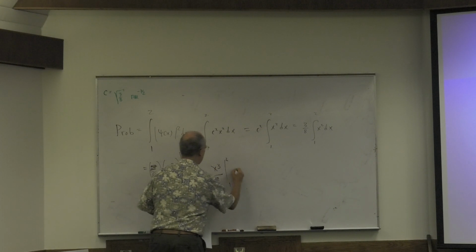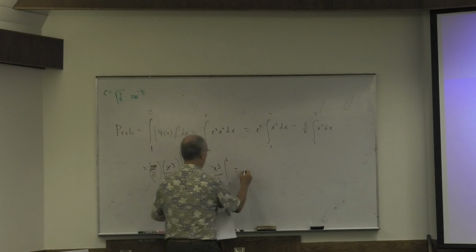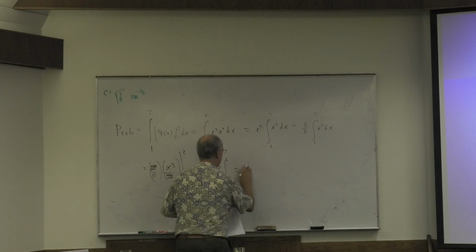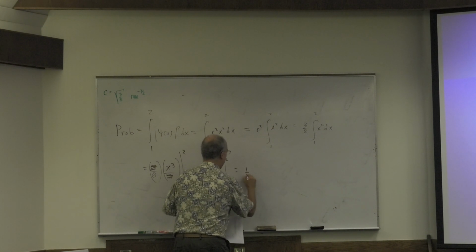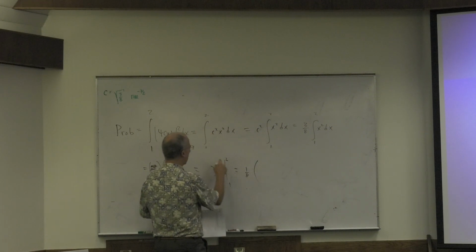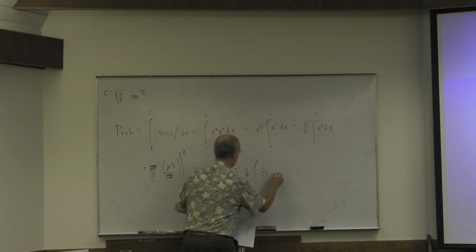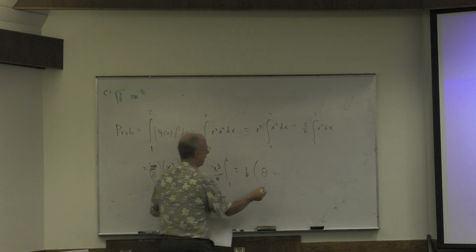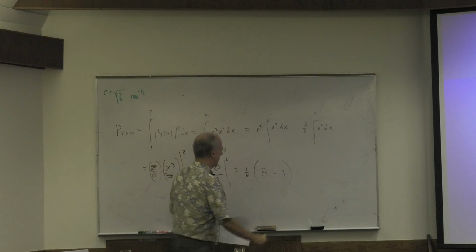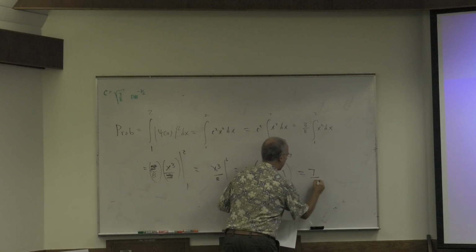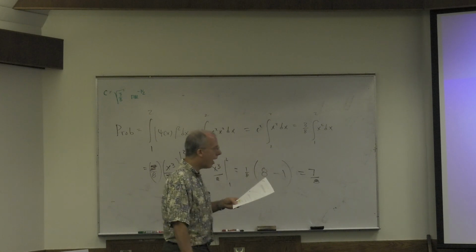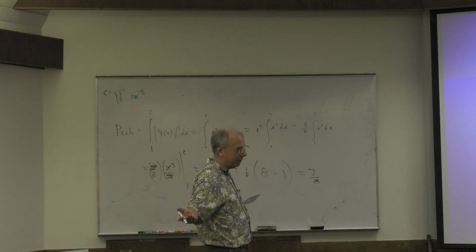from 1 to 2, and that's 1/8 times 2 cubed, which is 8, minus 1 cubed, which is 1. So we have 7/8. Ta-da! There you go. That's how you do it.